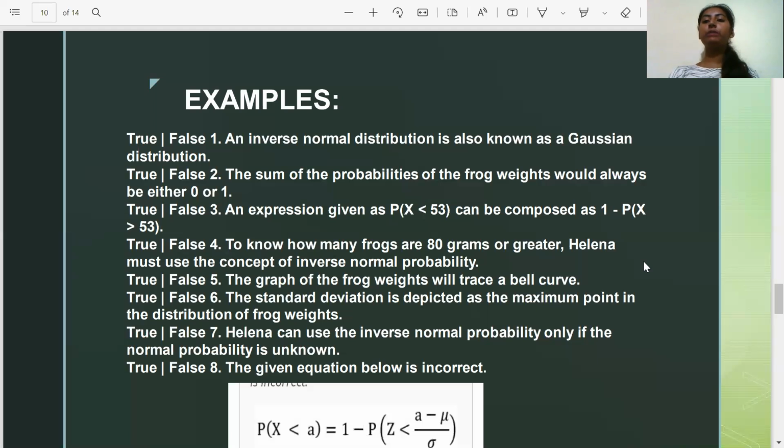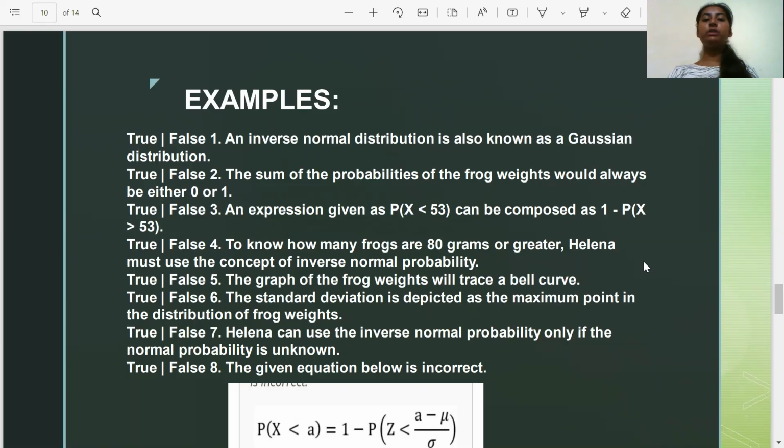Here I gave some example questions. True or false. An inverse normal distribution is also known as Gauss-Jordan distribution. The sum of probabilities of a frog weight would always be either 0 or 1.